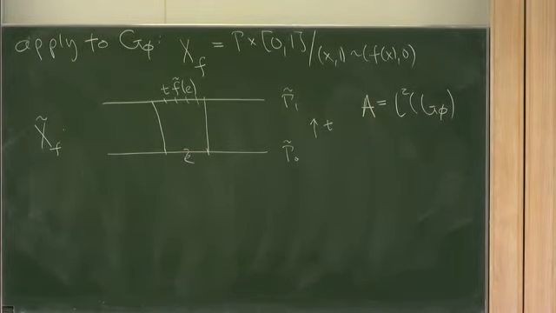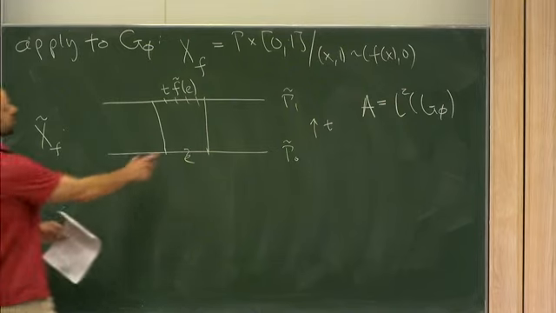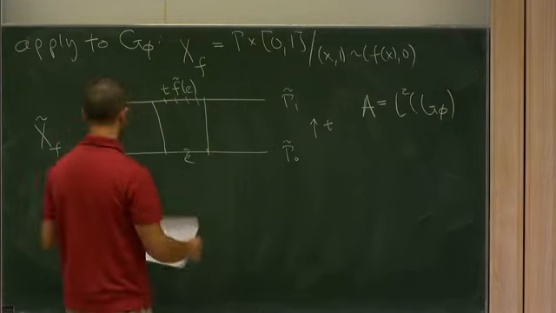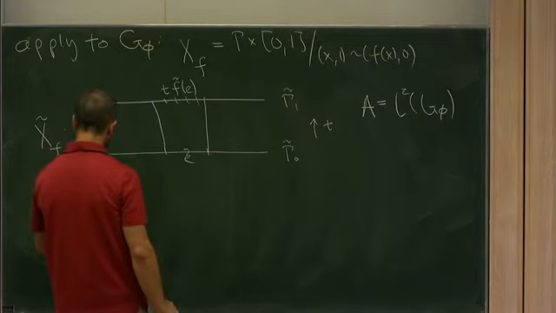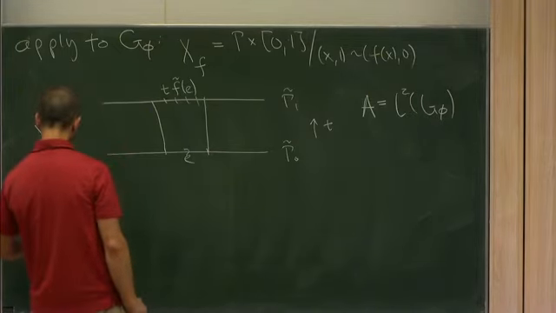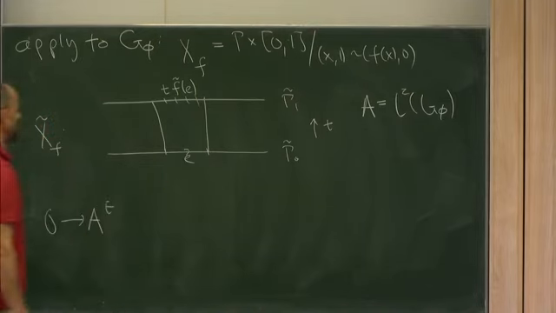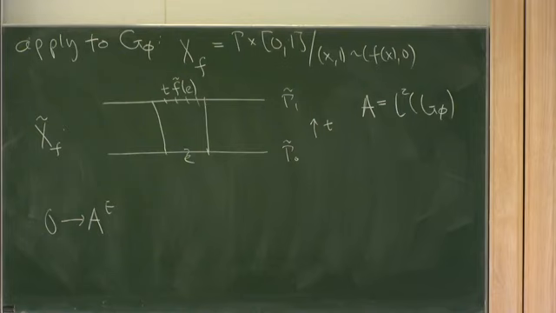Up to the action of the group, how many horizontal edges do I have? It's just the number of edges in gamma. So my 2-cells are just going to be L2 of the group to the e power, so just an e-tuple of L2 functions.